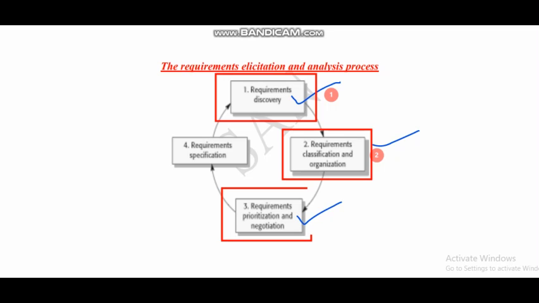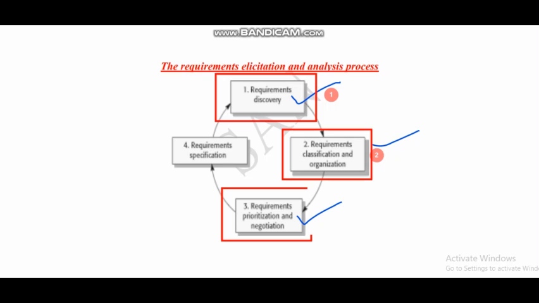Prioritize is nothing but, suppose you have 100 lines of information, you are going to set a priority for each kind of information, that which information should be considered first, which information should be considered next. So you form an orderly way of that collected requirement so that the requirement is followed in order and the development also happens in order.